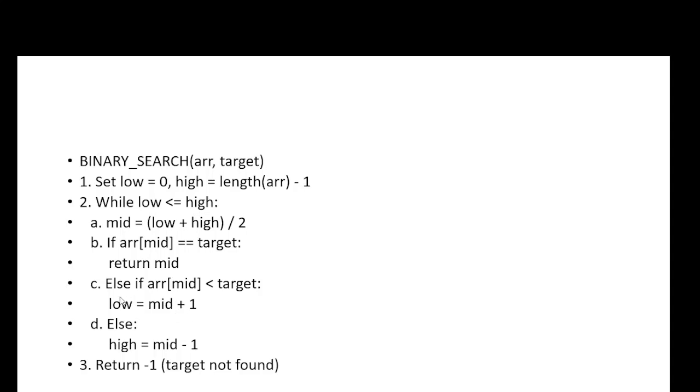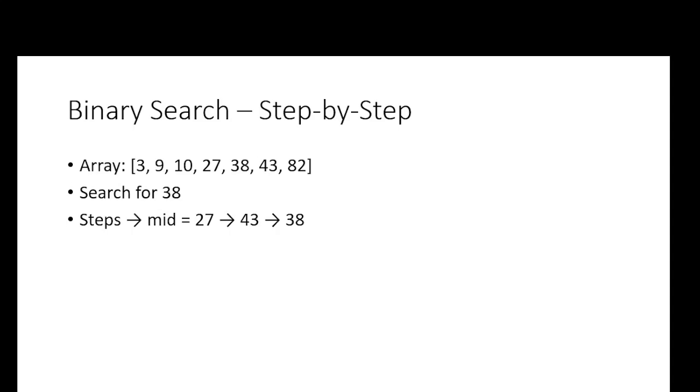That is, I check whether I should change the left end of the list or modify the right end of the list. As we do this recursively, it will return the middle element if it is found. If it is not found, where low becomes more than high, it will come out of the loop and return minus 1. So whenever minus 1 is returned, it indicates that it is not found.